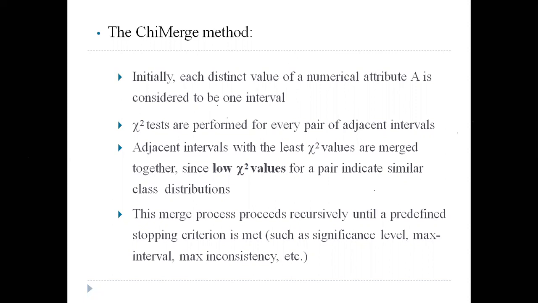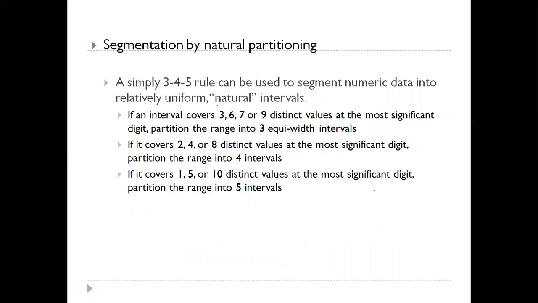Now let us get back to segmentation by natural partitioning. What do you mean by natural partitioning? Say I have a group of elements; either I'll try to put them into evens or odds. A simple 3-4-5 rule can be used to segment numerical data into relatively uniform, natural intervals.